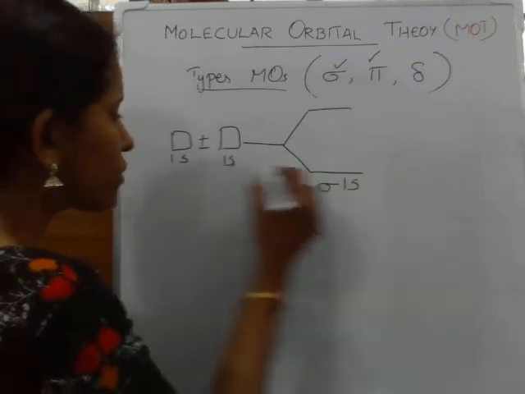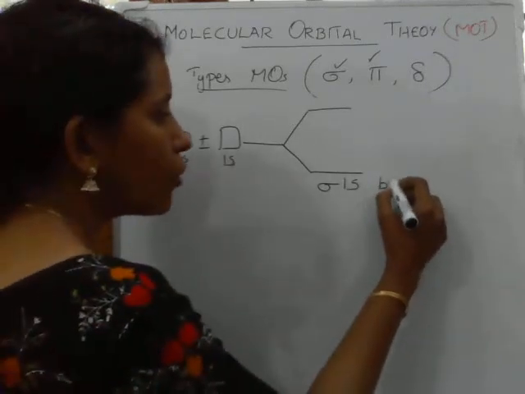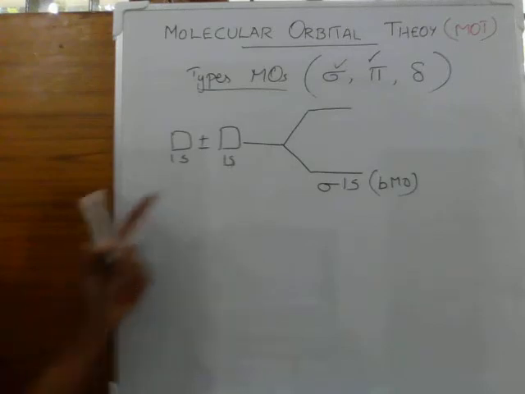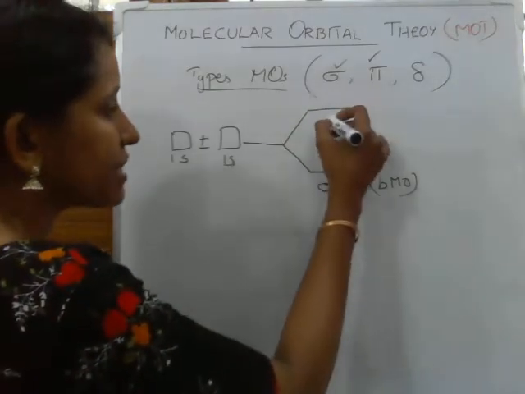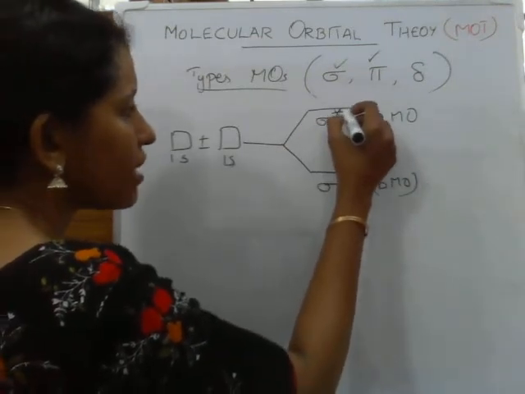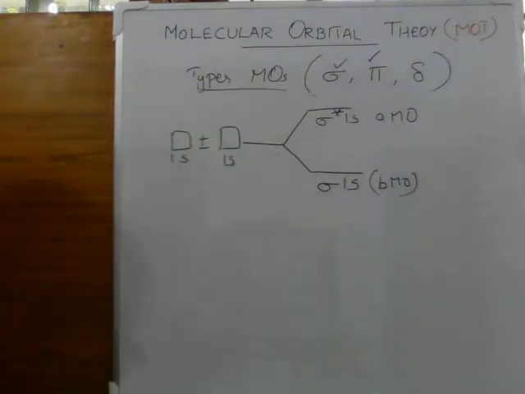Sigma 1s. This is the bonding molecular orbital, having lower energy than the 1s atomic orbitals. The other one, having higher energy, is the anti-bonding MO. How to represent it? Sigma star 1s. This is the anti-bonding molecular orbital.